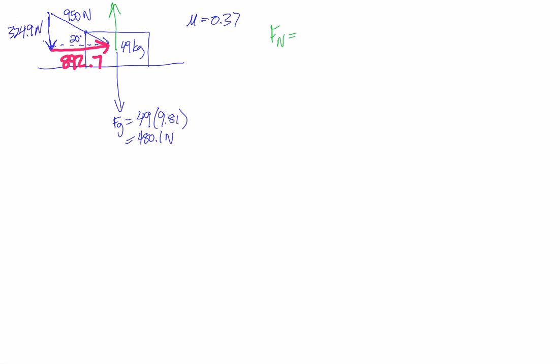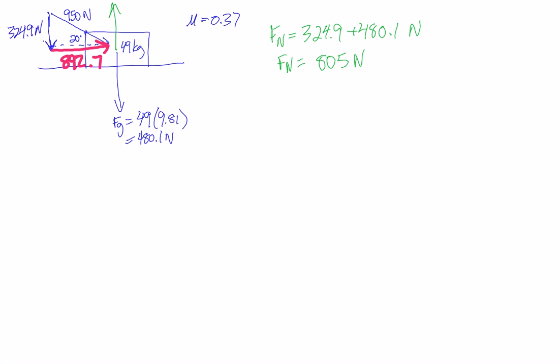Our normal force will be counteracting the 324 as well as the 480. If we add those together, we get 805 newtons. So we have a normal force of 805.